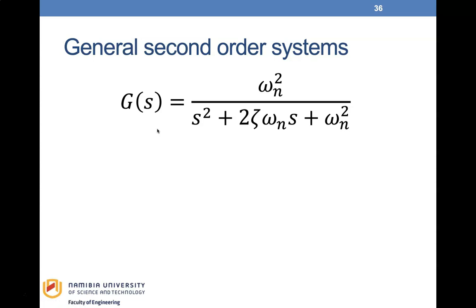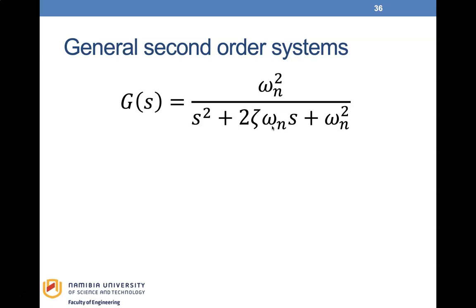We will start by defining two physical quantities of the second order system. These quantities will be used to describe the characteristic of the second order transient response, just as we did with the time constant for the first order system.